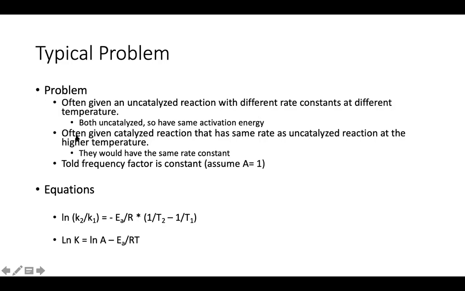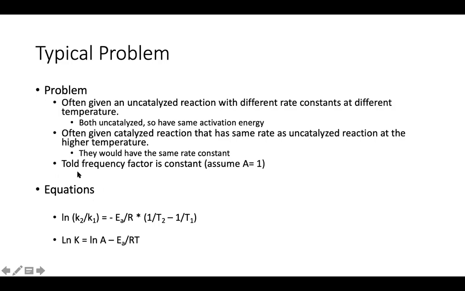Now this question will also give you a catalyzed reaction that will have the same rate as the uncatalyzed reaction at the higher temperature. The key to that portion is that the catalyzed reaction and the uncatalyzed reaction at the higher temperature will actually have the same rate constant, or the same K value.